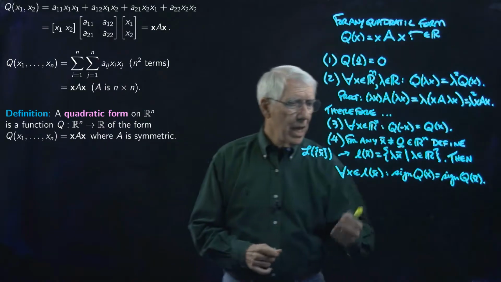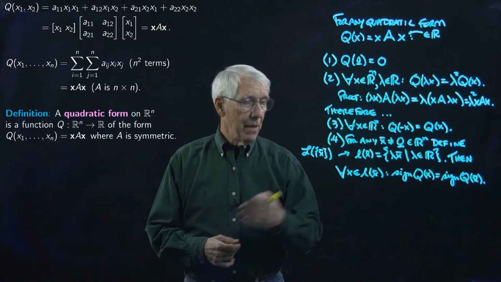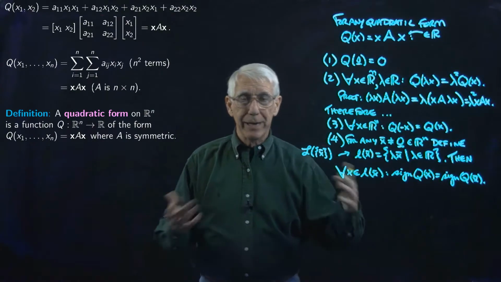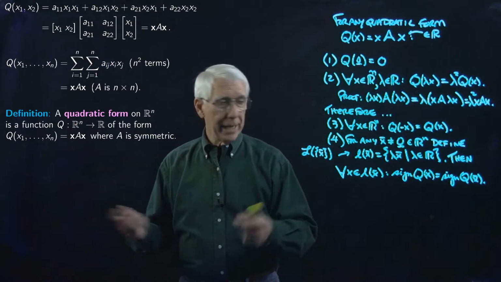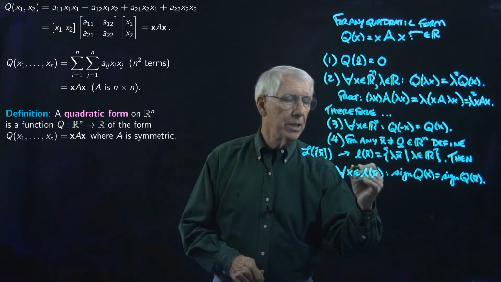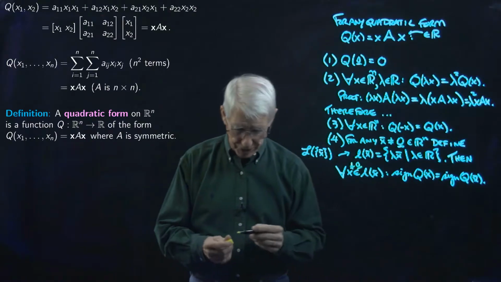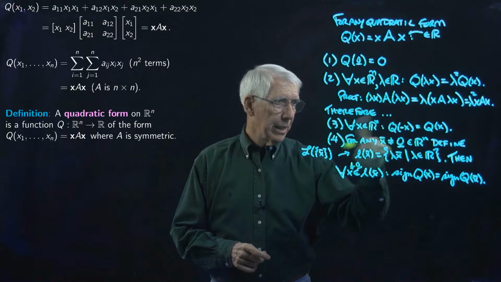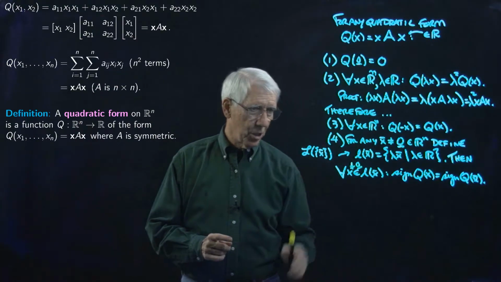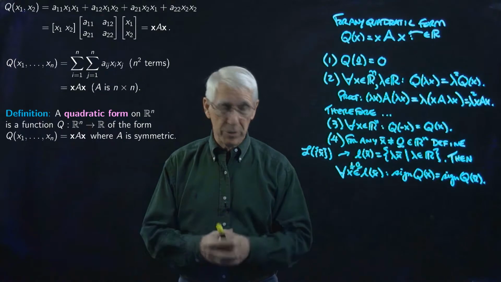In other words, if I look along the line through x bar and through the origin, the sign of the quadratic form never changes. It's either always positive or it's always negative. And I should add here, this means not the 0 vector itself, because of course it's always the case that q of the 0 vector is 0. So I have to be looking at all the vectors on the line other than the 0 vector.